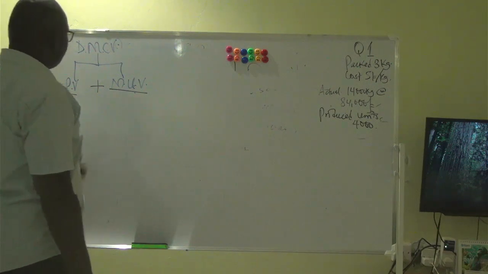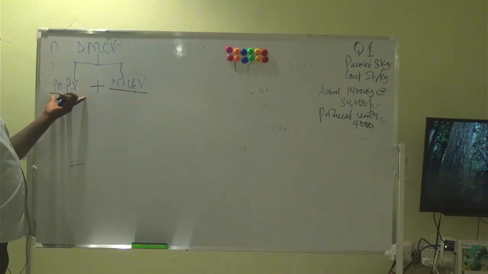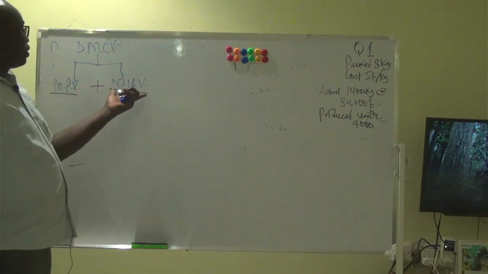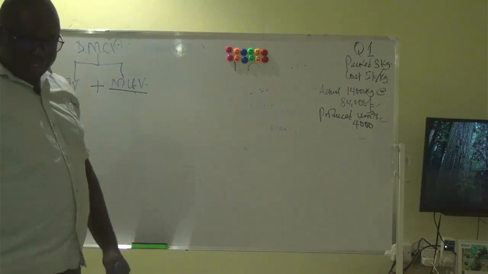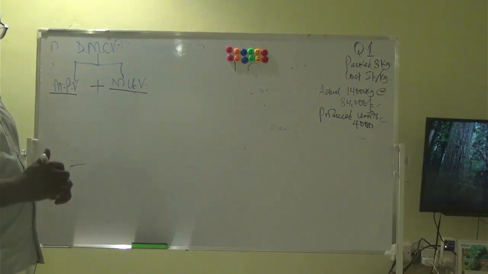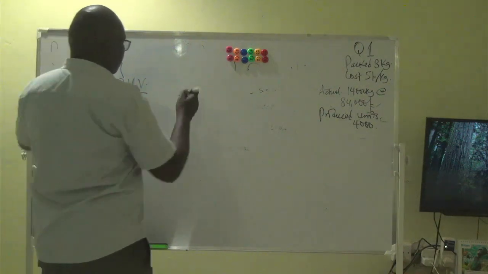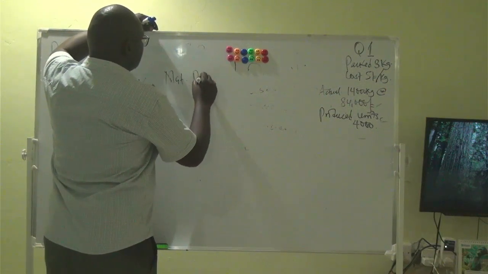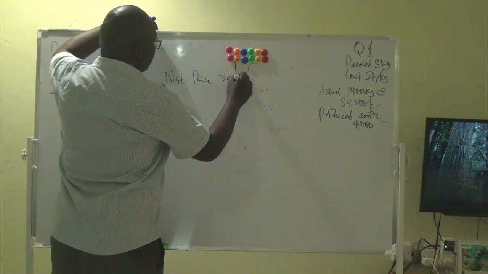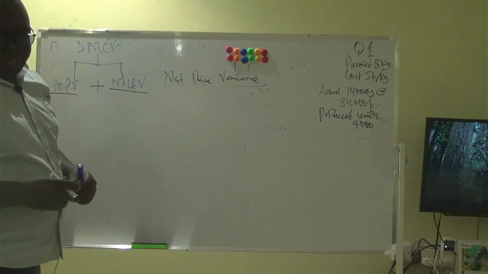And I've said direct material cost variance is a component of the material price variance and a component of the material usage variance. So let's look at the first component, material price variance. How do we calculate material price variance?